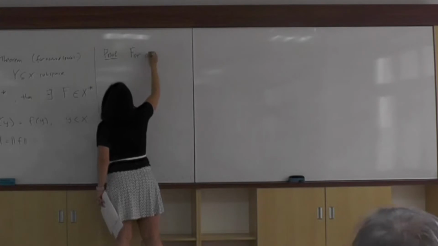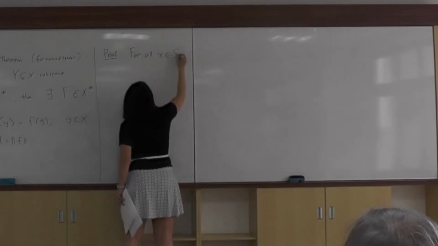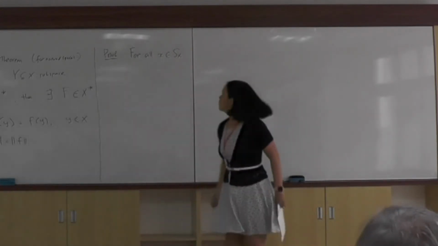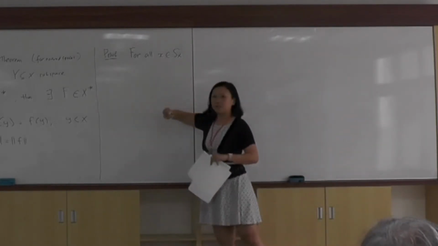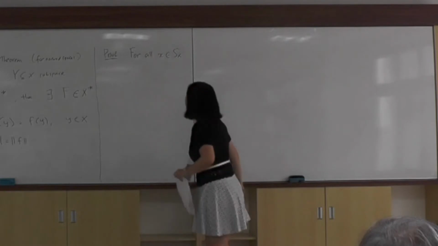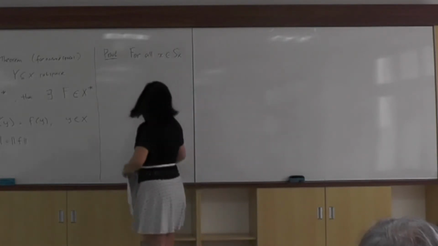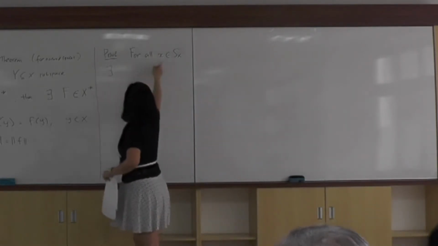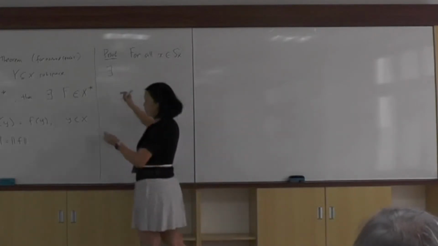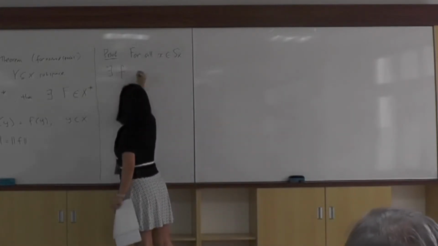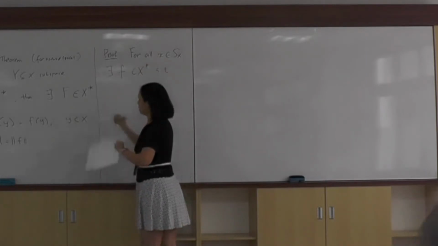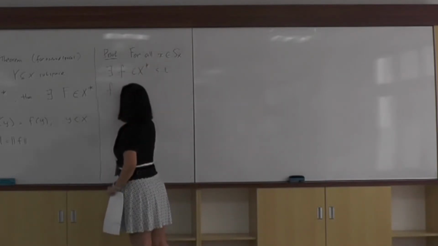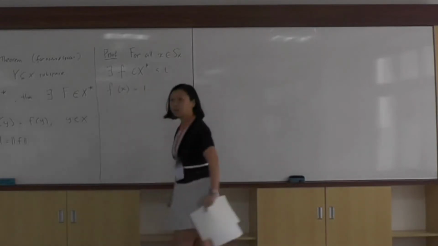So for all x, my notation is the same as Professor Kato's notation: the unit sphere of X is just the collection of vectors in X that have norm 1. So for all unit vectors x in X, there exists a functional in X star such that F(x) is equal to 1.